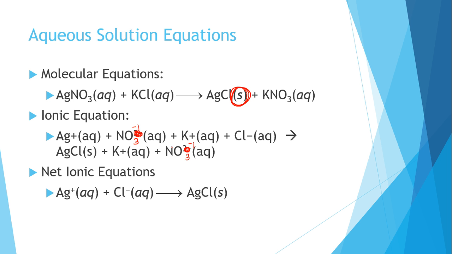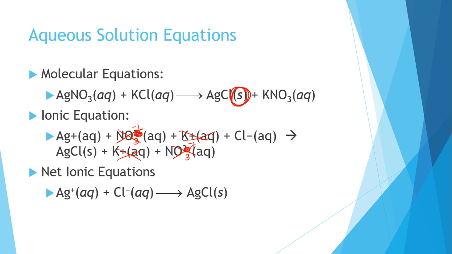From there, you have to see, well, what's the same on both sides of the equation? Well, on my left side versus my right side, they both have NO3, so I can cancel those. They also both have a K+, so I can cancel those. And then you rewrite whatever's left. So I'm left with a silver positive ion, a chlorine negative ion, and then AgCl as a solid.